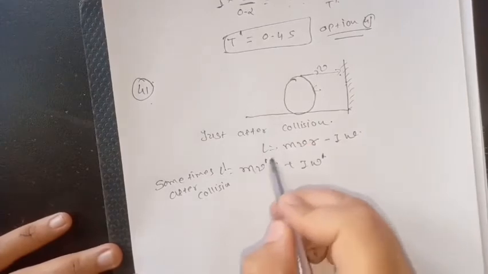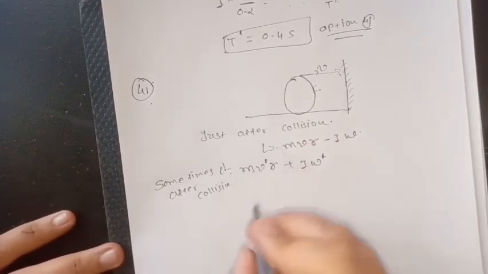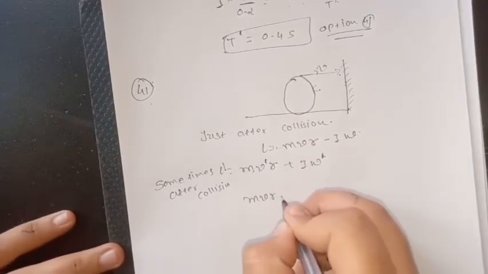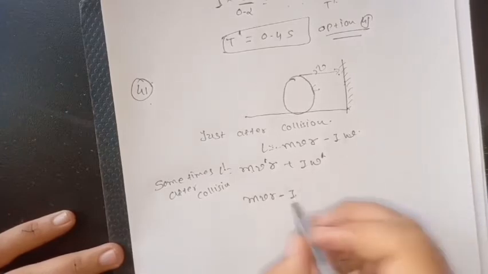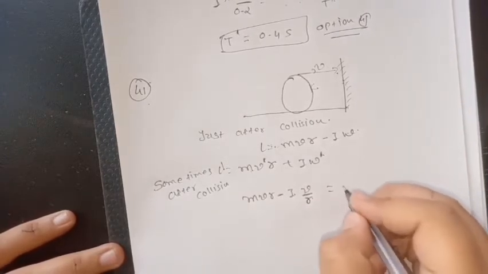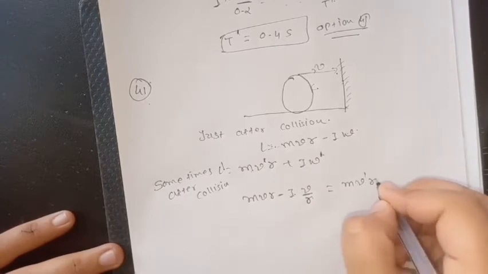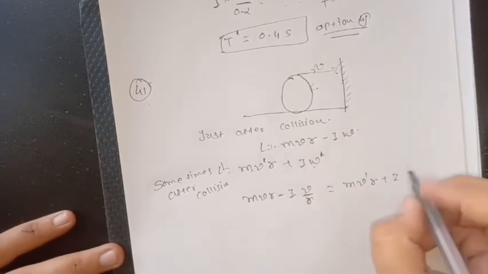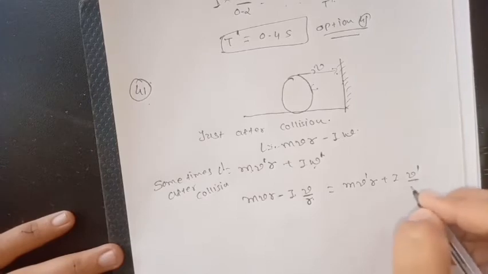Both angular momenta are the same, so we will compare them. mvr minus I omega, where omega can be written as v by r, is equal to m v dash r plus I omega dash, where omega dash can be written as v dash by r.